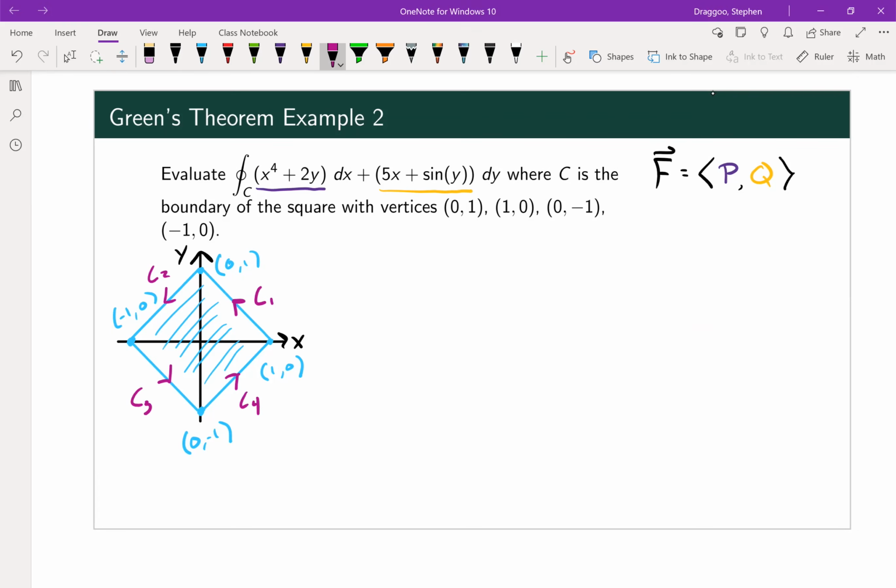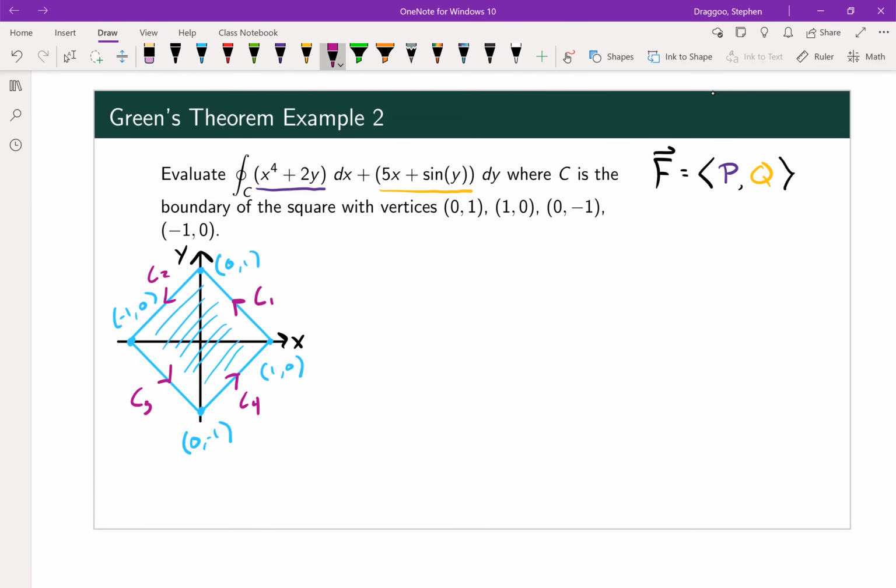Notice it's not particularly relevant which one we call C1 or where we start labeling. It's just always helpful, wherever we start, to continue moving counterclockwise as we name each consecutive piece of C. And my favorite is to start along the x-axis because that's where the unit circle starts. Just makes the most sense in my brain. So I started with C1 right there.